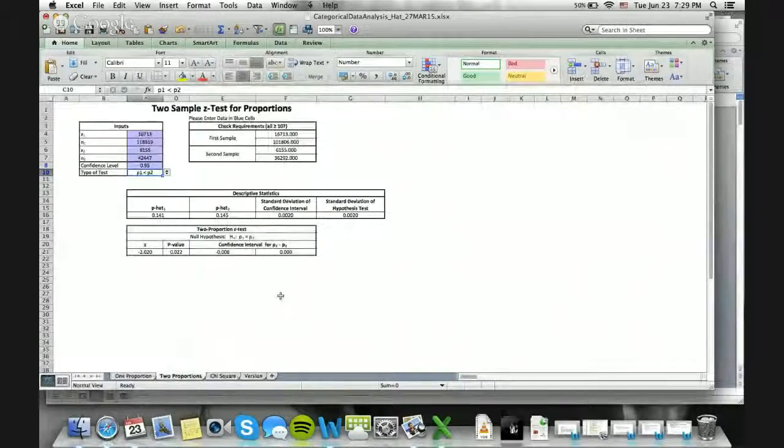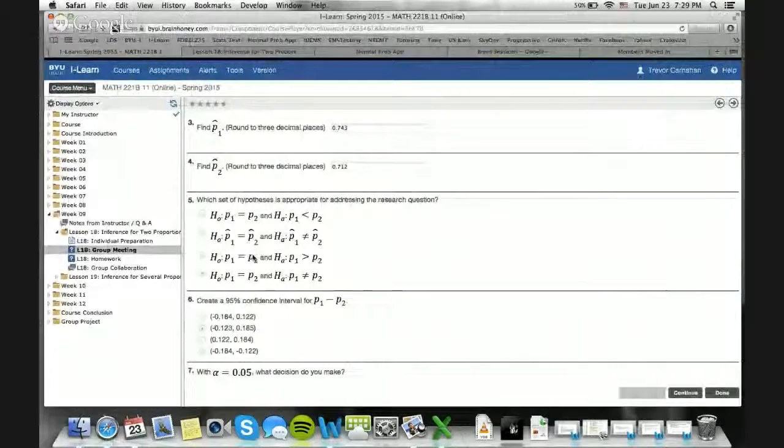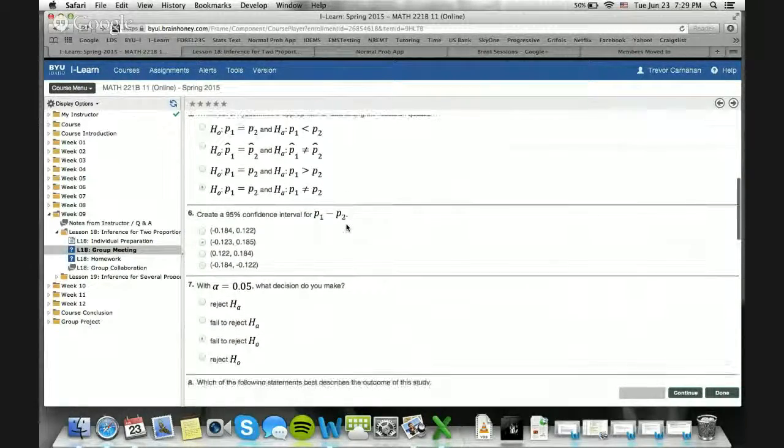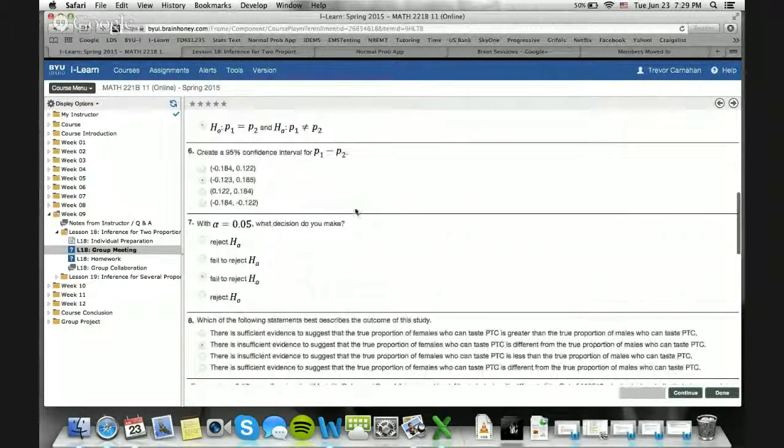All right, so number 5. It's equals and does not equal, and we don't want the p hat, so it's the bottom one. And the confidence interval, the second one. Is that what you got, Jordan? Yeah, that's what I got. How did you get it? Did you just put yours in the Excel sheet?